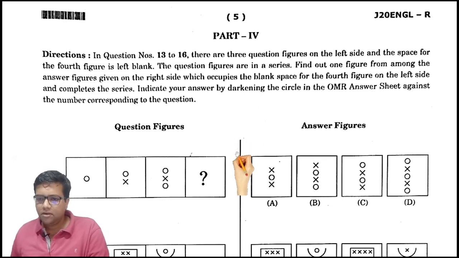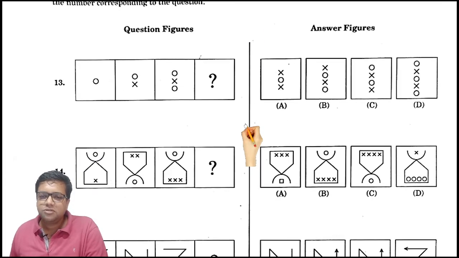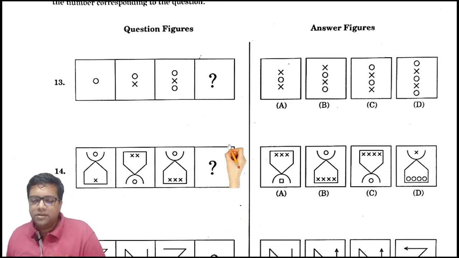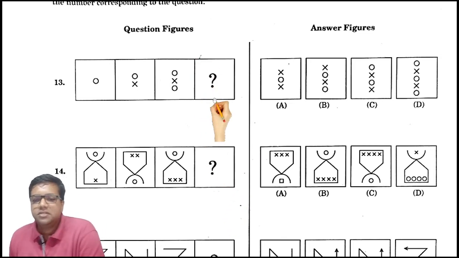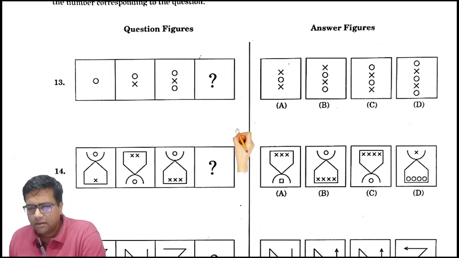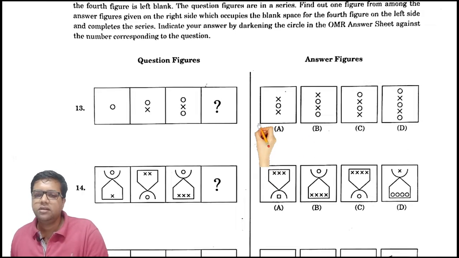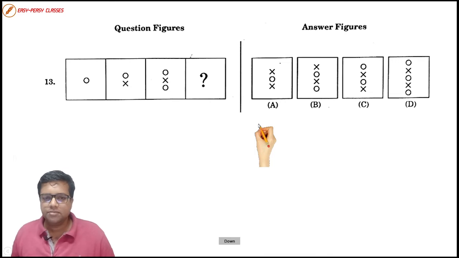All right. This seems to be quite difficult, but it is easy if you have a thorough understanding of these kinds of questions during your practice sessions or during our classes. Anyway, for the sake of solving the question paper, I will make you understand with a simple logic by giving an example.